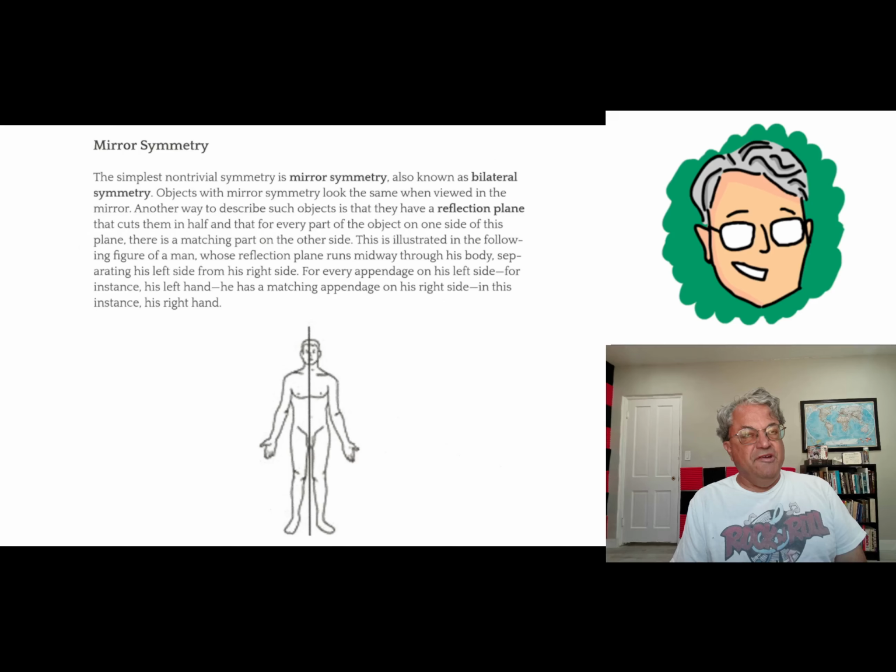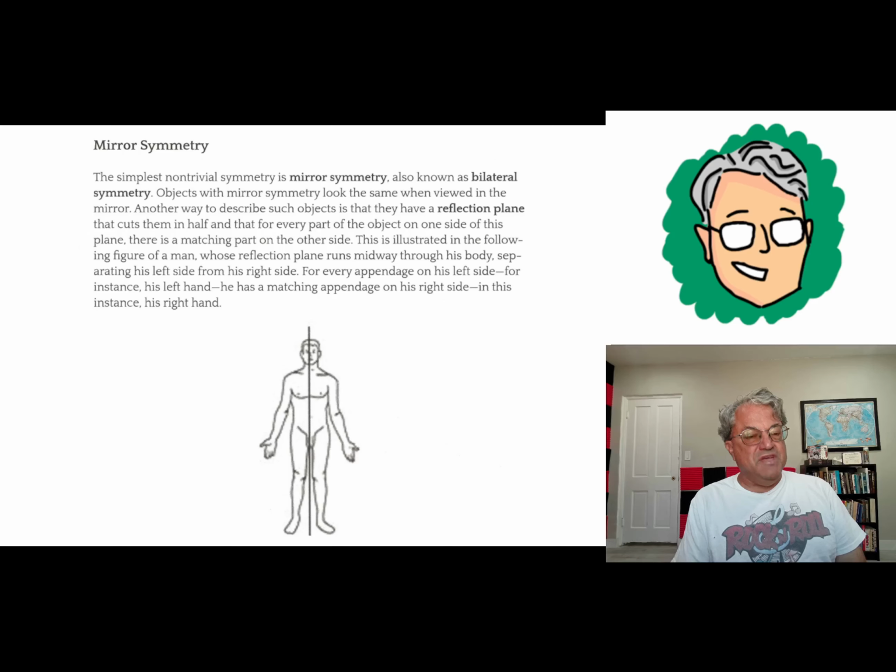It's called the mirror symmetry group in this case of the man. The way you're supposed to think of the elements of a group when they apply to symmetry of an object is as transforming the object. So there's a set of transformations that you can do on a particular object, in this case, this man.